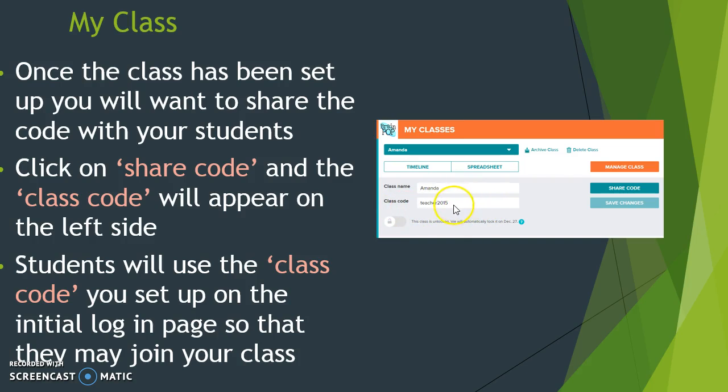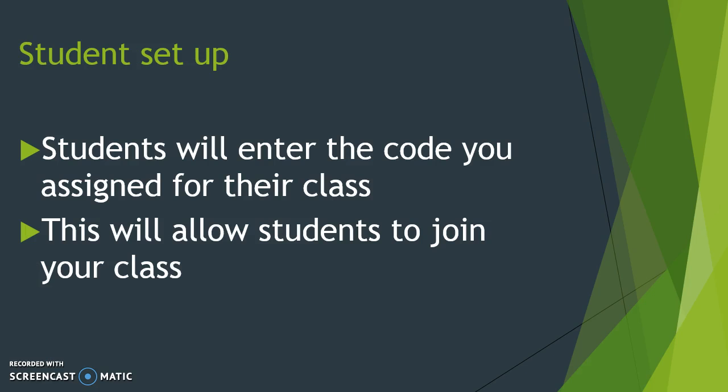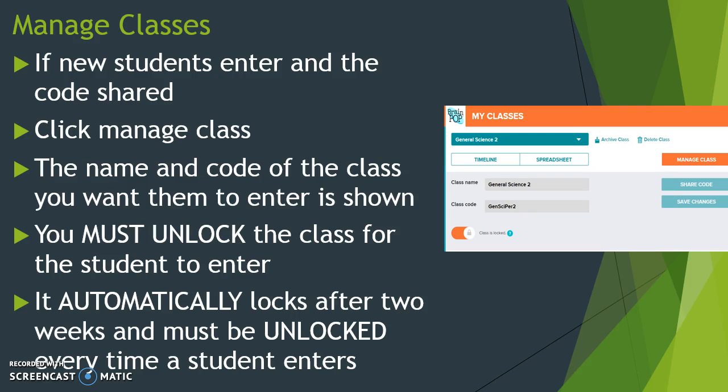The students will use this code on their initial page to log in so that they will join your class. Students will have a setup that looks like this. So students will enter the code you assigned for their class, and this will allow them to join your class.